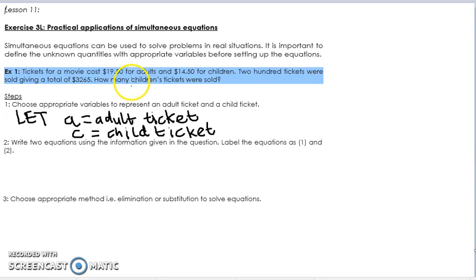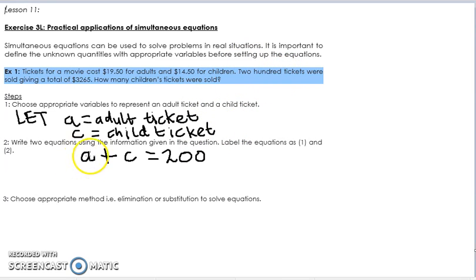Well, we know that 200 tickets were sold, and if there were a certain amount of adult tickets and a certain amount of children tickets, we know that that is going to equal 200, because the question says 200 tickets were sold.